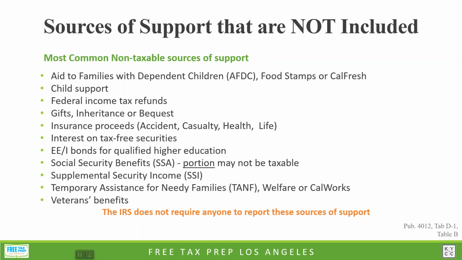And therefore, these non-taxable sources are not reported to the IRS, which will include aid to families with dependent children, food stamps or CalFresh, child support, federal income tax refunds, gifts, inheritance or bequests, insurance proceeds, interest on tax-free securities, funds for qualified higher education, social security benefits, but a portion may not be taxable, supplemental security income, temporary assistance for needy families, welfare or CalWorks, and veterans benefits.